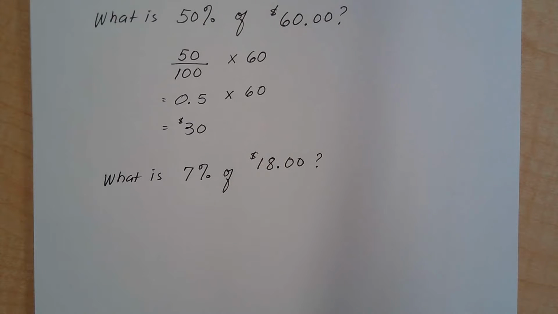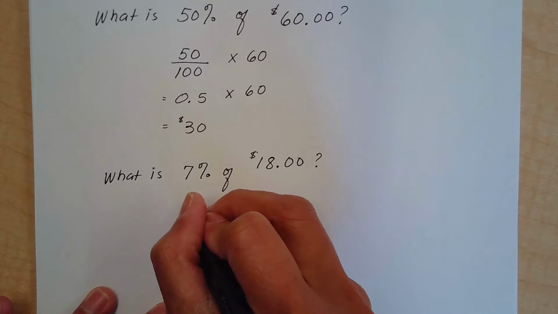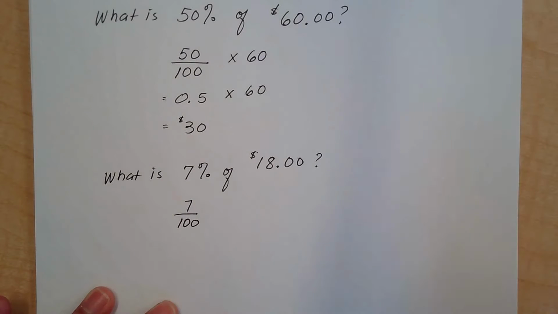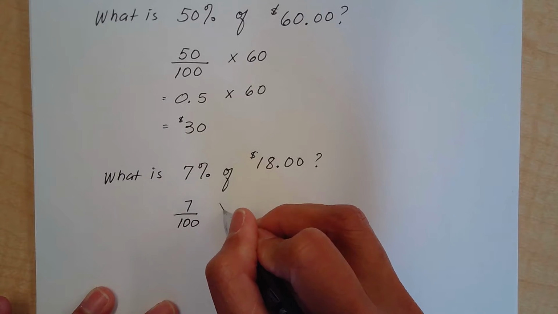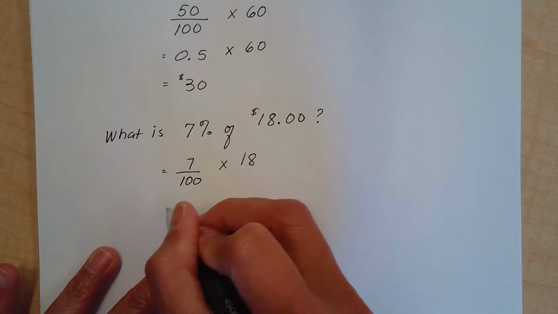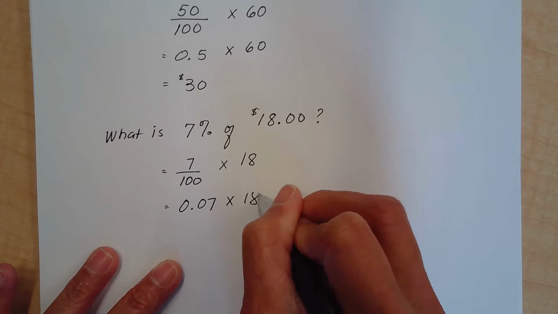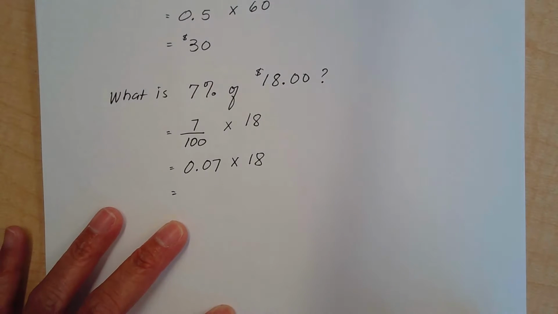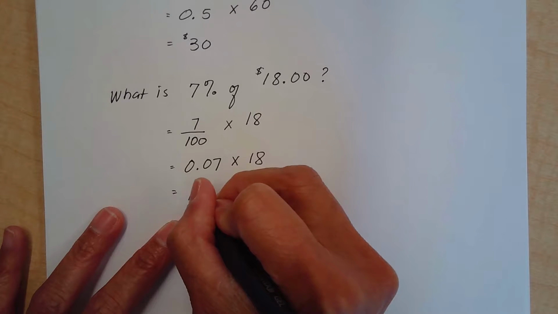But what's our strategy for this one? We're going to go 7 divided by 100, which is 0.07. The word of means times 18. So 0.07 times 18 is 1.26. Everybody got 1.26?